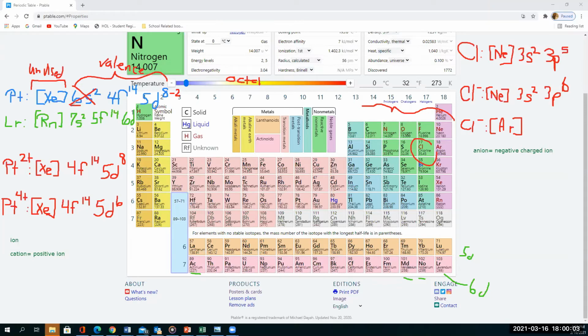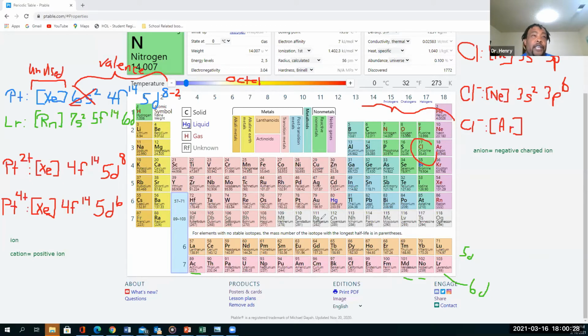I have a question. In what scenario would you be removing these electrons? Like for what reason? To react with stuff. Oh, okay. Yeah, that's the whole purpose. Remember, how can you become more stable? For all of these other elements, except for the noble gases, the only way you can become stable is by reacting with other things.